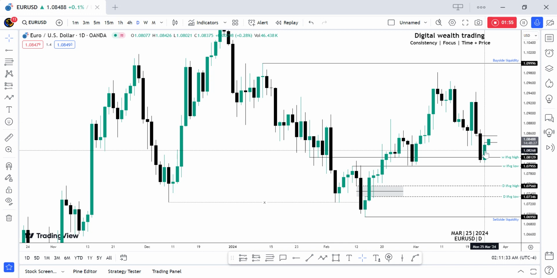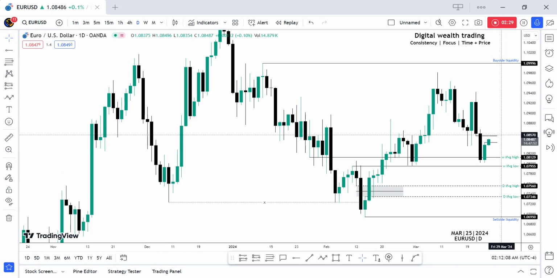Why? Because it is an up close fair value gap. Assuming it was a down close fair value gap, it could be more effective than this up close candle fair value gap, because sometimes a fair value gap that is formed with an up close candle might deliver price higher, and then we turn that fair value gap into an inversion fair value gap.